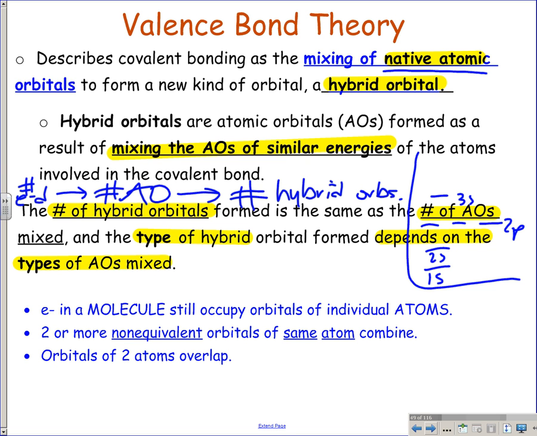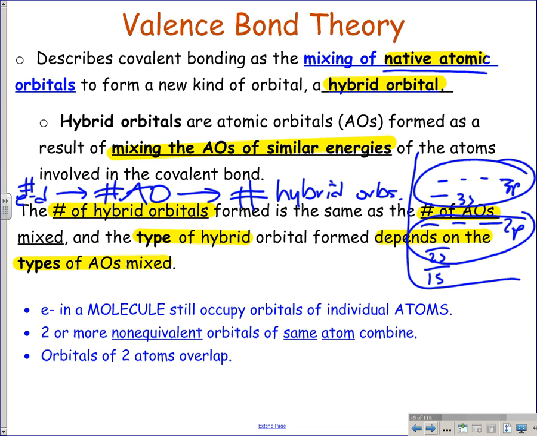We don't blend like 1s and 3s. We blend the ones that are close in energy, so that's why I was blending 2s and 2p, or I could blend 3s and 3p, and so forth. You blend things that are really similar, so you don't blend really wacky things. That's why you're usually going to see s's and p's, and then we'll get to one complicated one that has s, p's, and d's. But we won't draw those because those are ridiculous. We'll draw the easy ones.